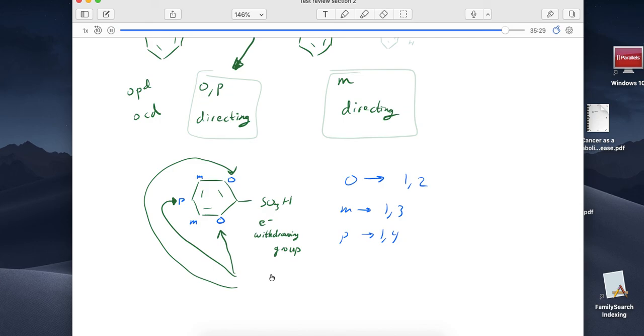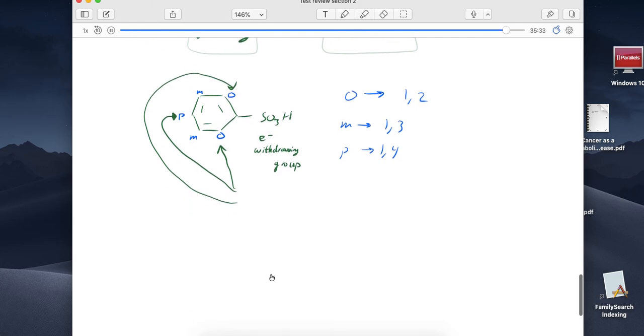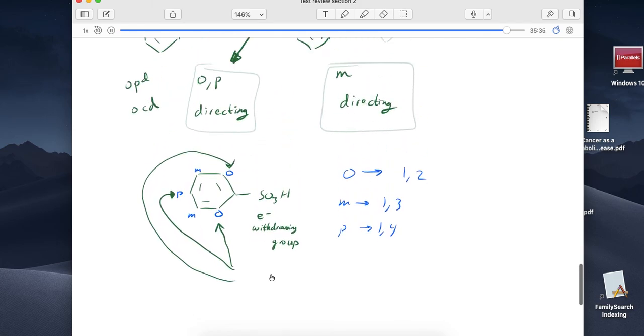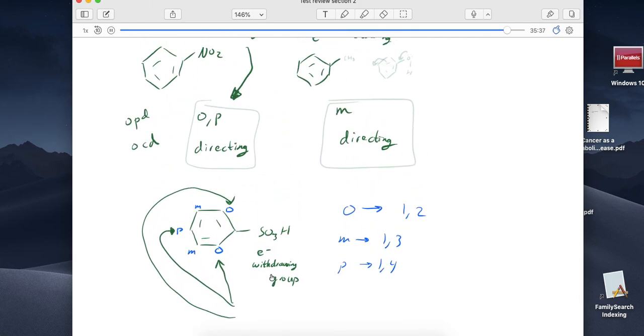And the rationale to explain that is the resonance structures. The difference between what makes it ortho-para directing or simply meta-directing is the stability of the resonance structures, or the stability that the resonance structure shows in the intermediate.